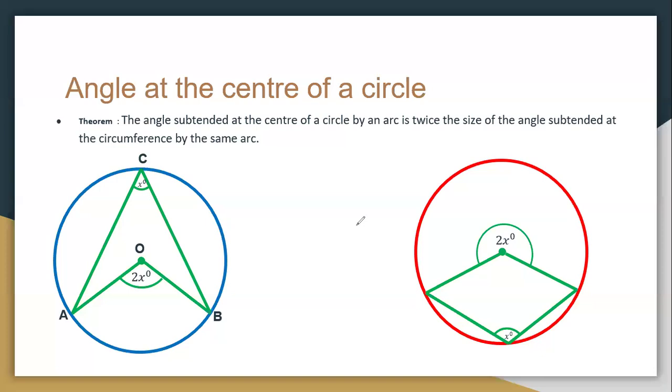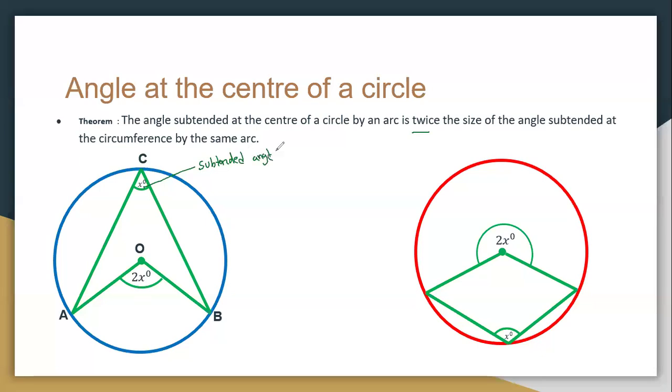Whenever you have the angle at the center of a circle, this is our theorem, and the theorem will say that the angle subtended at the center of a circle by an arc is twice the angle subtended at the circumference by the same arc. When you look at this angle here, that one is what we call the subtended angle.